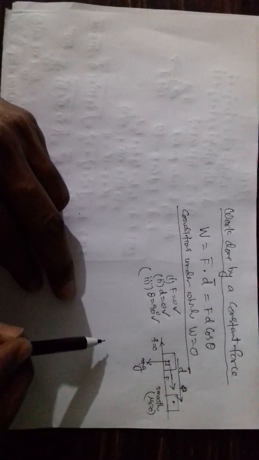This is the force vector, this is the displacement vector. So to the displacement vector, the gravitational force is at 90 degrees. So if anybody asks what is the work done by the gravitational force, you say 0, because this is making an angle of 90 degrees with the displacement.